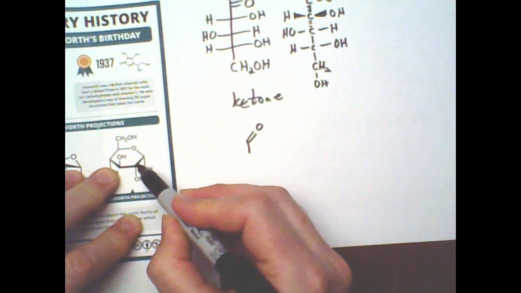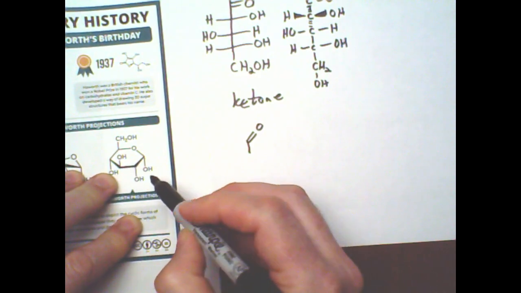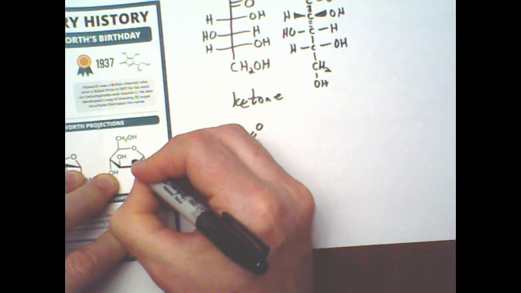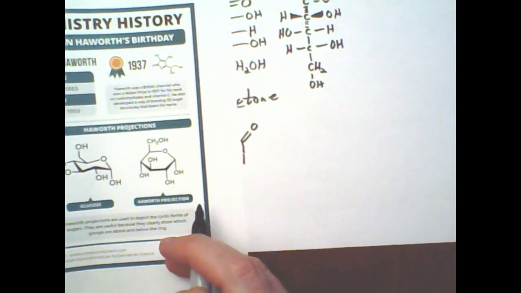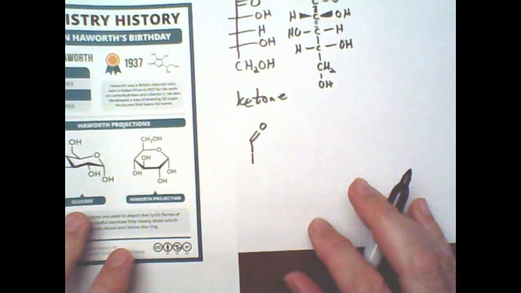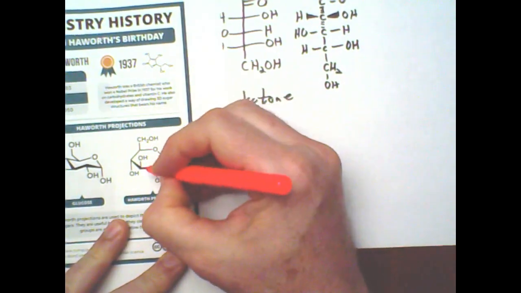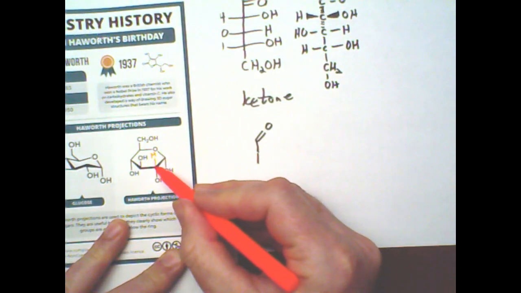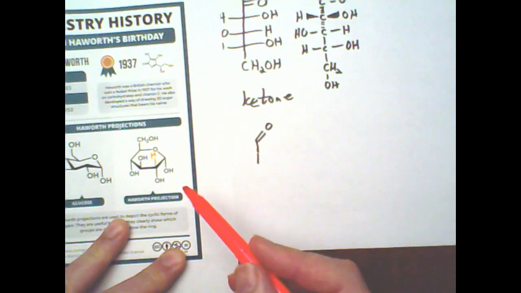Now this here, we want these two bonds going back. They're the up and down bonds. And this bond and the, let's draw it in with a highlighter. And the hydrogen here, they're both coming out towards me.